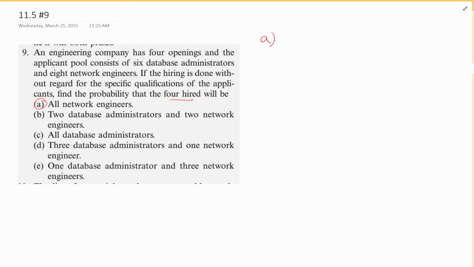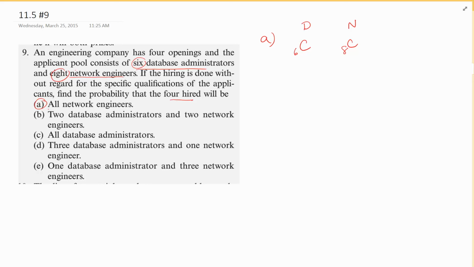So for A, since we have 2 different things to select from for the pool, and we're selecting from 6 database administrators and 8 network engineers, then I need to set up a combination for the number of ways to pick the database administrators and a combination to show the number of ways to pick the network engineers. The database administrators, I have 6 to choose, so that's my left side number. And the network engineers, I have 8 to choose, so that's my left side number.